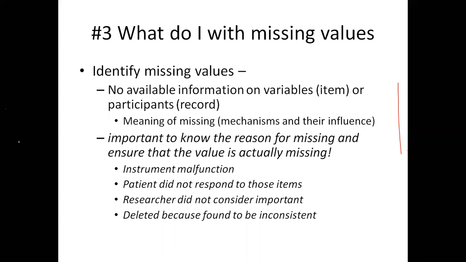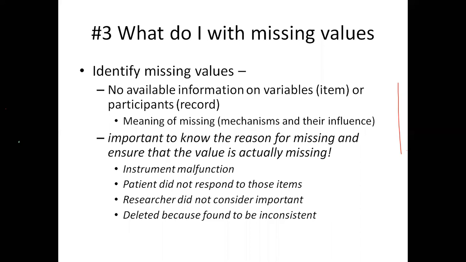If it's missing at random, then there are statistical methods that can actually take care of that kind of a missing pattern. But if there are specific reasons why there is missing data, then it's good to know what the mechanism was that led to the missing value. It could be so many different things, where a patient simply didn't respond to a particular question.